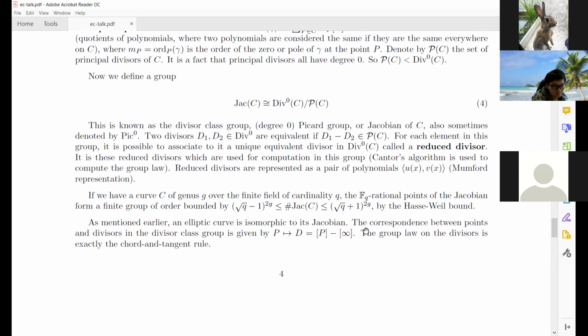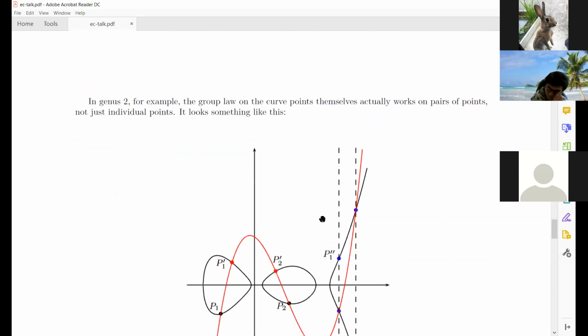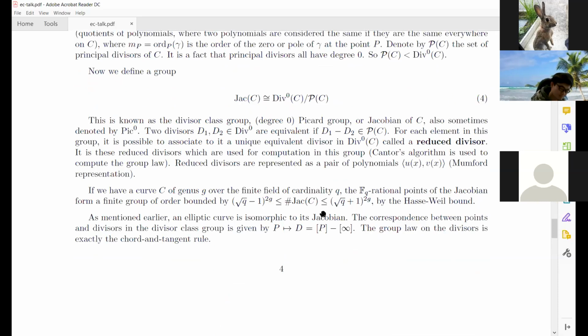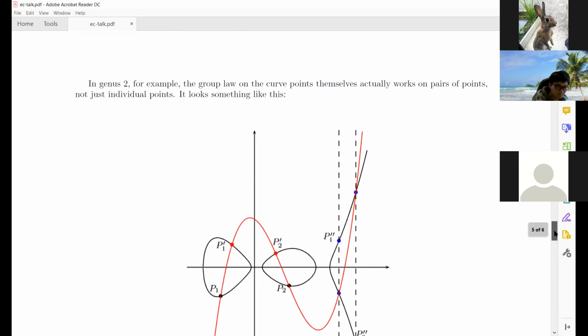That's why it has this minus infinity here. That's the isomorphism. And if you think about the group law, Cantor's algorithm, on this group of divisors, that gives you exactly the chord-tangent rule that we saw on the curve through that isomorphism. So it all does work out nicely.